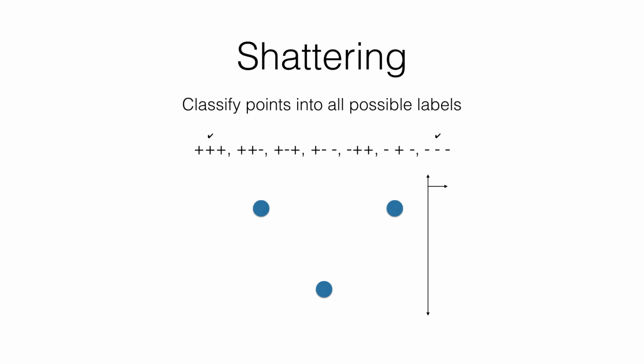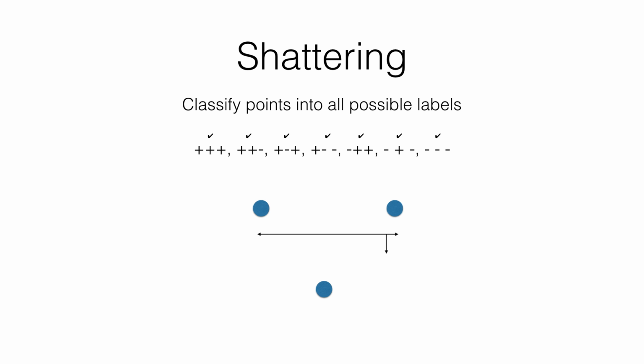Now if we want plus plus minus, we can just move the decision boundary a little to the left. We can continue moving it to the left and get the minus plus plus configuration. We can rotate the decision boundary to get a plus minus plus. We can rotate it again and get plus minus minus. Rotate it one more time and get minus plus minus. So again, we've been able to shatter 3 points with a 2D linear classifier.